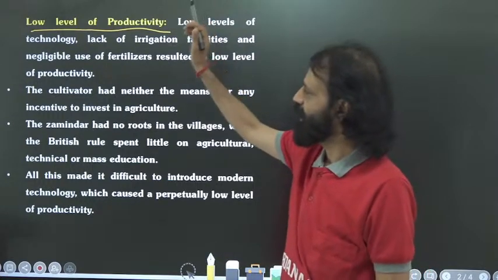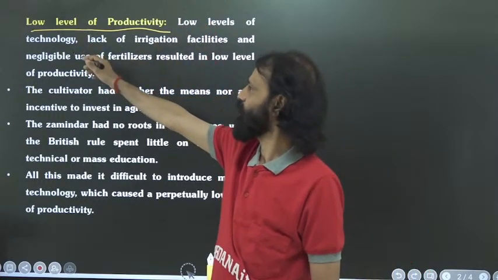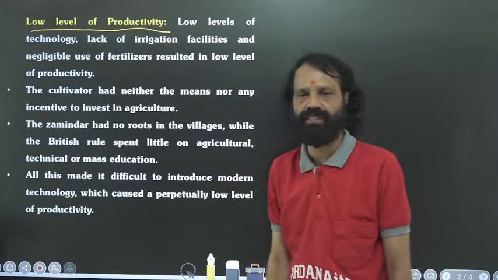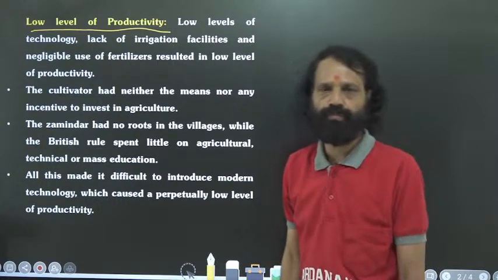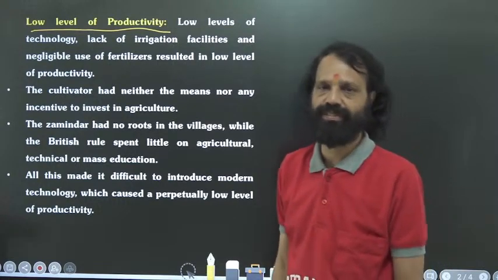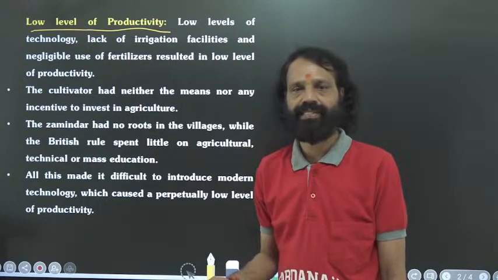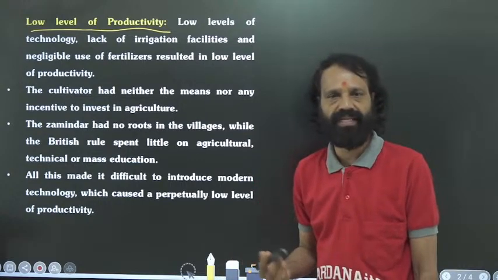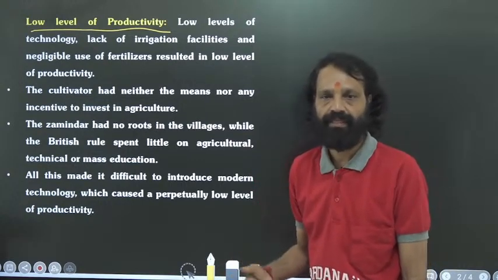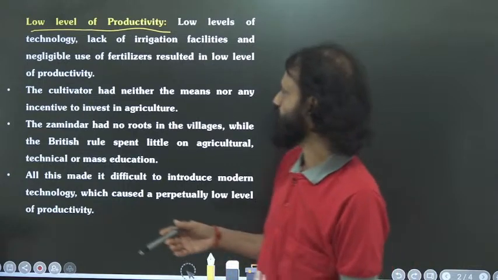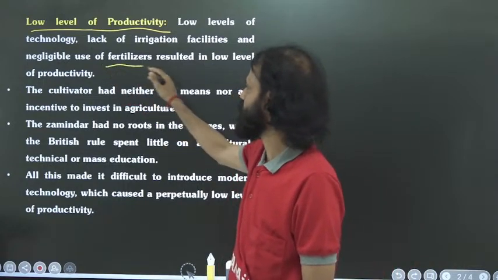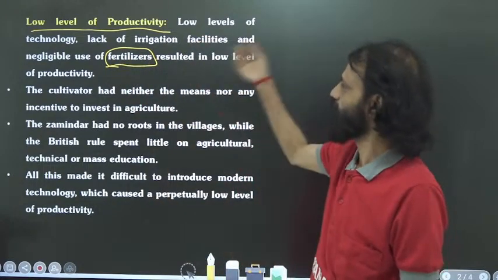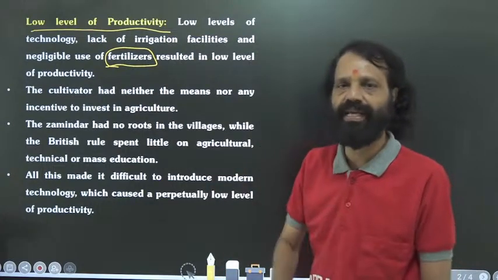Because of this low level of technology, lack of irrigation facilities and negligible use of fertilizers. Our farmers didn't use good fertilizers. They were following the traditional method of agriculture, like dry leaves, ashes, cow dung, etc. They didn't use modern technology or fertilizers. So that is why it resulted in low level of productivity in every area.